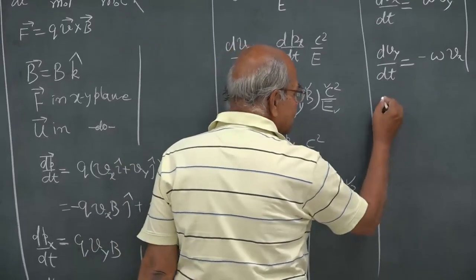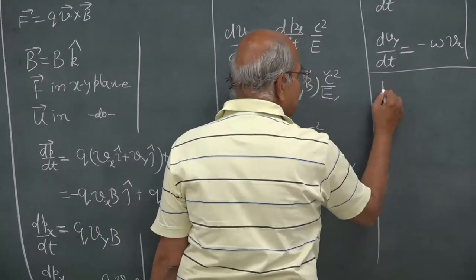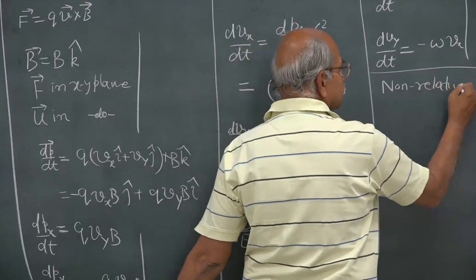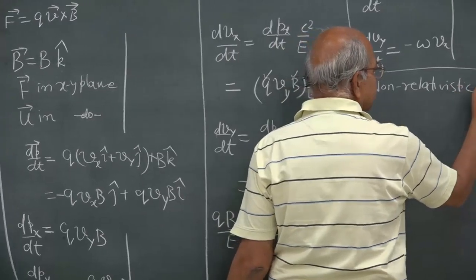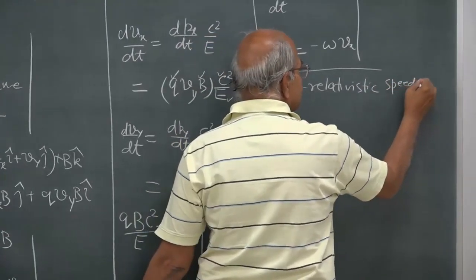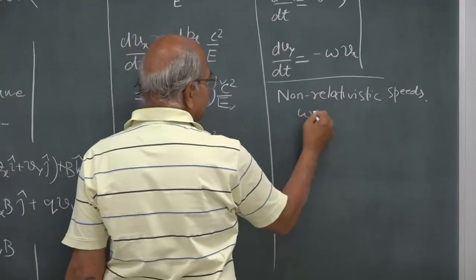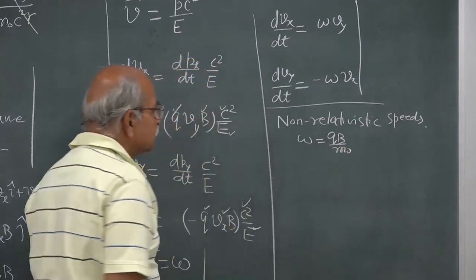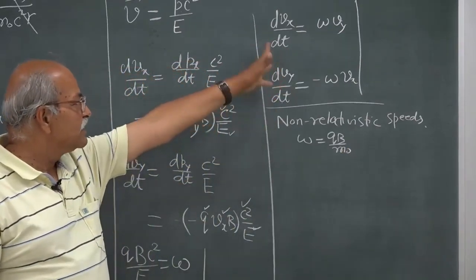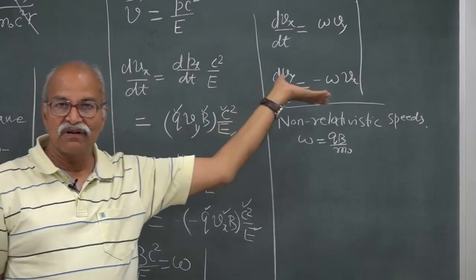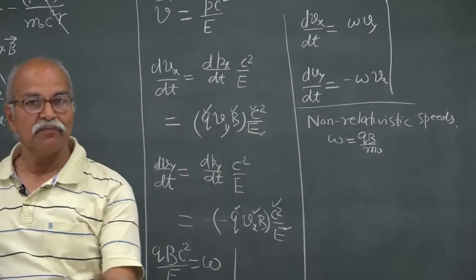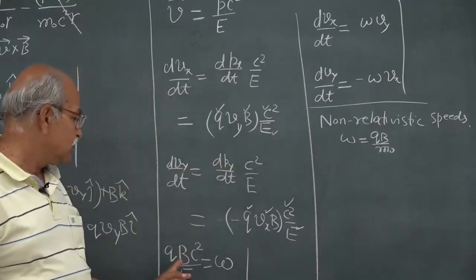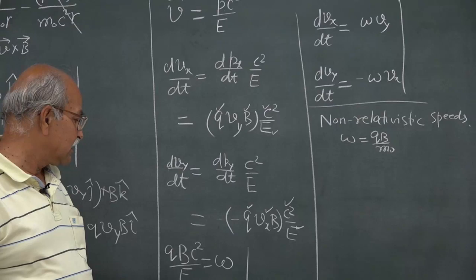If you are in the non-relativistic region, at non-relativistic speeds, then you get the same equation with omega as qb by mass. So, in terms of omega, everything is identical, and therefore, this will again be a circular path, and the angular frequency will be given by this quantity qb c square by capital E.